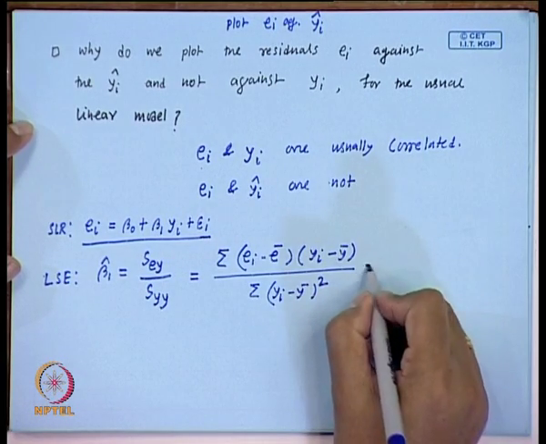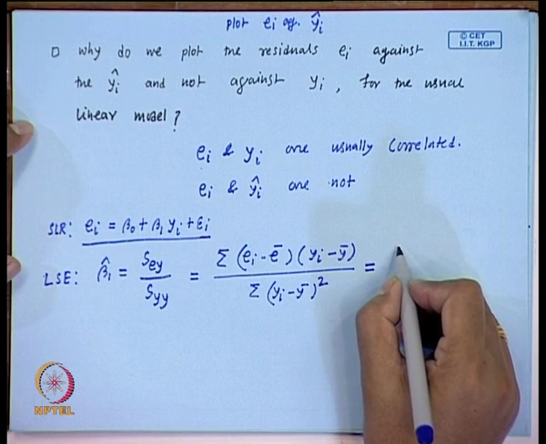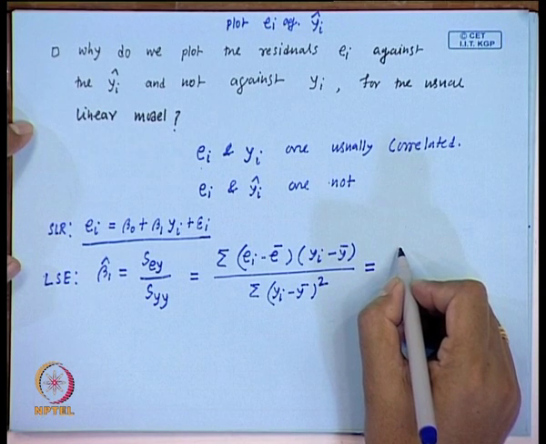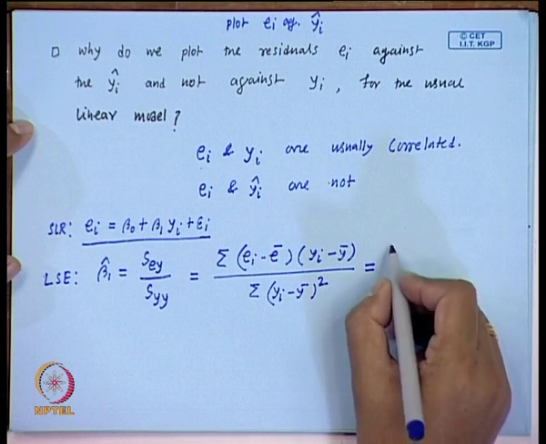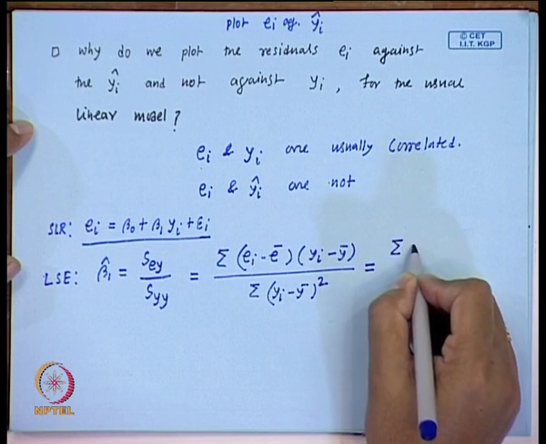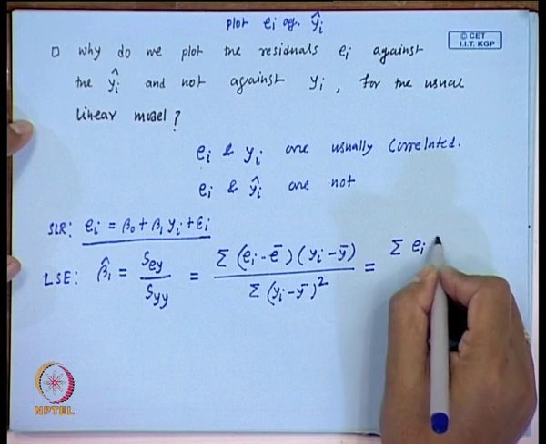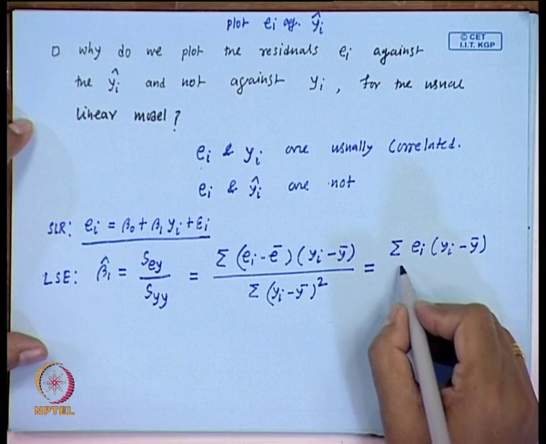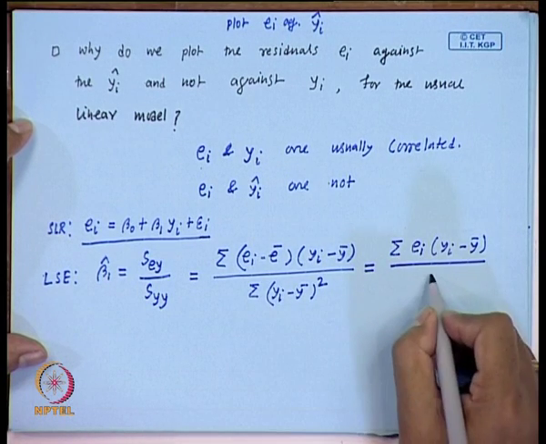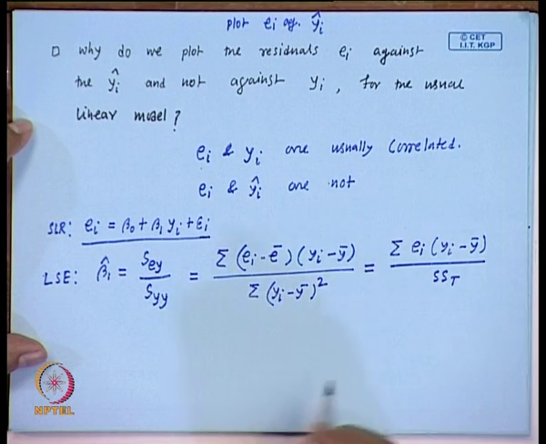So, this one is nothing but summation ei times yi minus y bar. You can check that, it is not difficult, and the denominator is nothing but the SST.